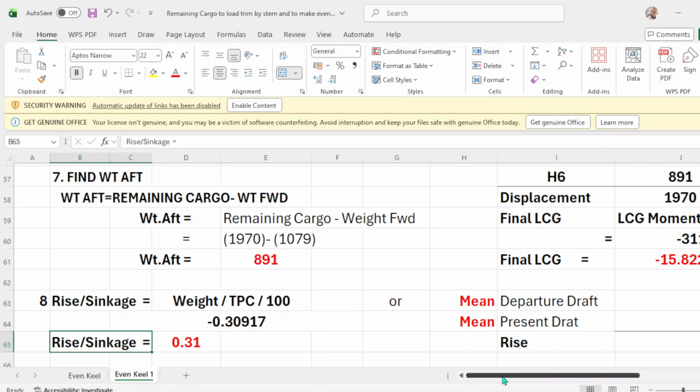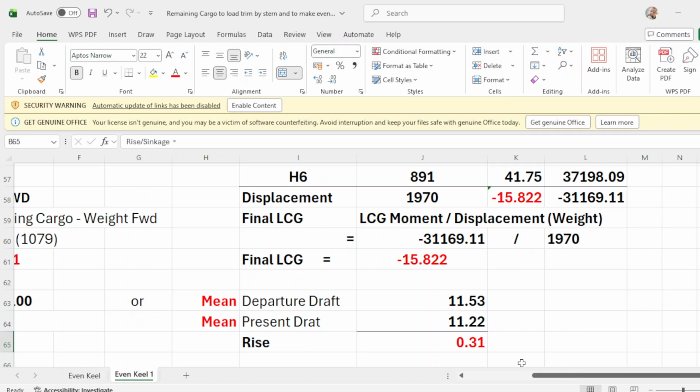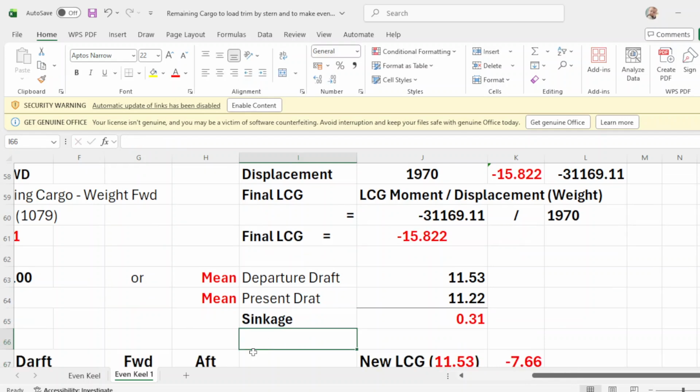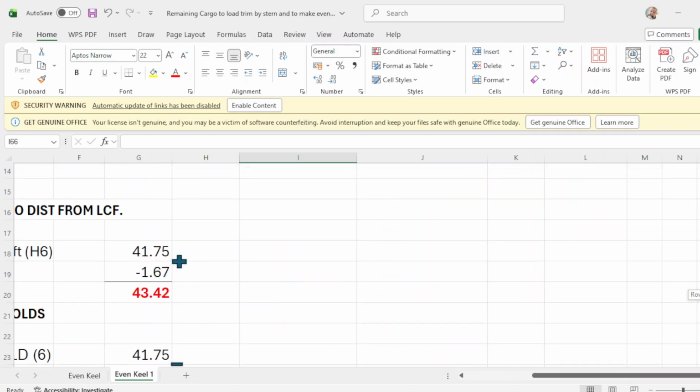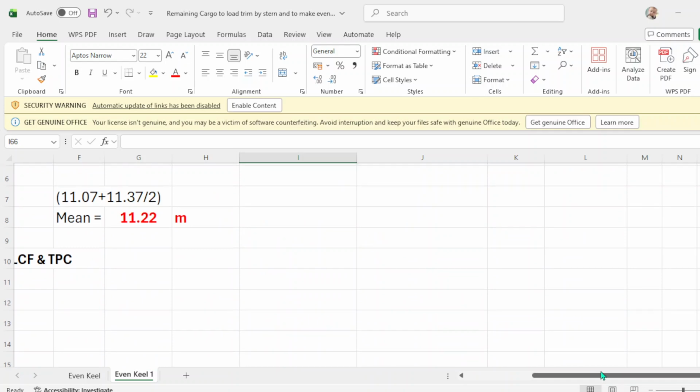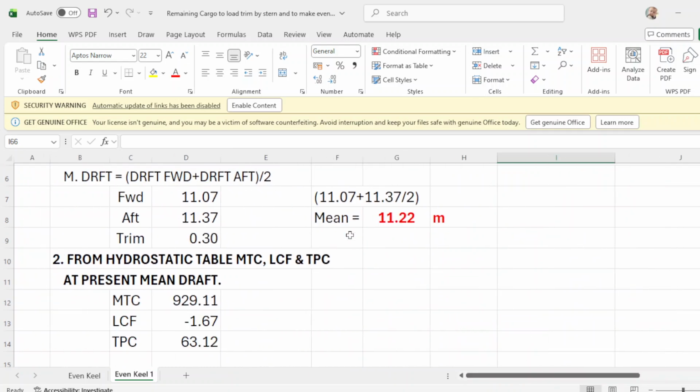There's another way of getting the sinkage. This should be sinkage, okay? Sinkage is your departure main drop, which is 11.53. This is your departure drop, and your present main drop is 11.22, okay, 1122.